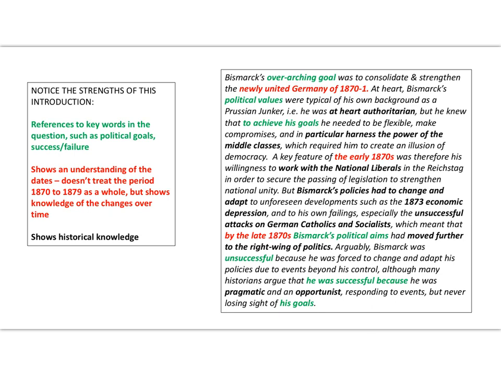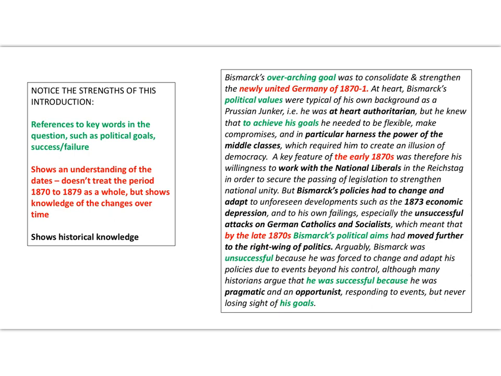A key feature of the early 1870s was therefore his willingness to work with the National Liberals in the Reichstag in order to secure the passing of legislation to strengthen national unity. But Bismarck's policies had to change and adapt to unforeseen developments such as the 1873 economic depression and to his own failings, especially the unsuccessful attacks on German Catholics and Socialists, which meant that by the late 1870s Bismarck's political aims had moved further to the right wing of politics.